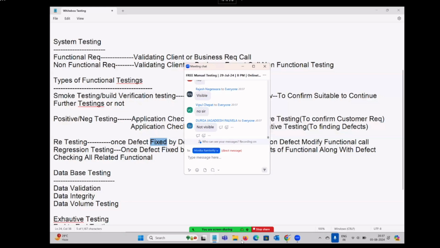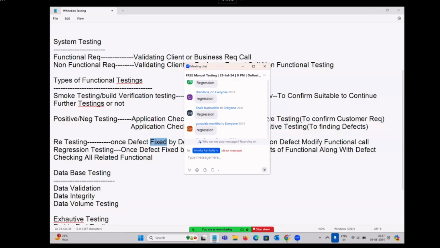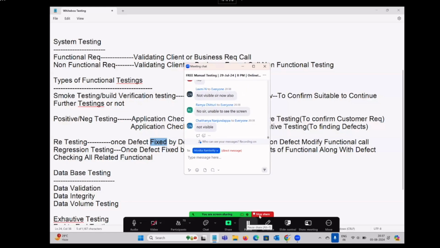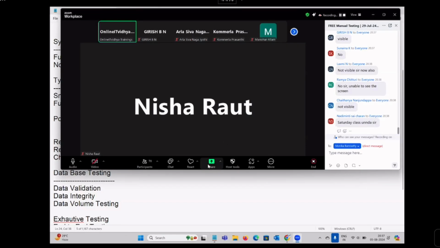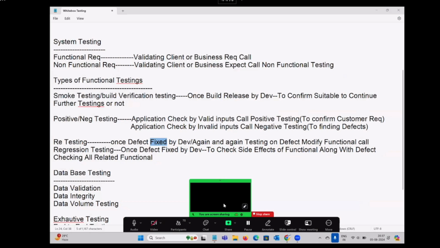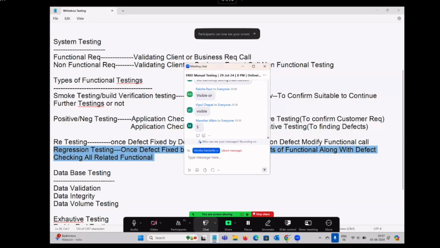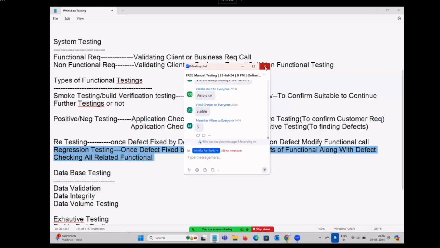Not visible. One minute, one minute. Now are you able to see? I selected regression testing. Okay, good, good.